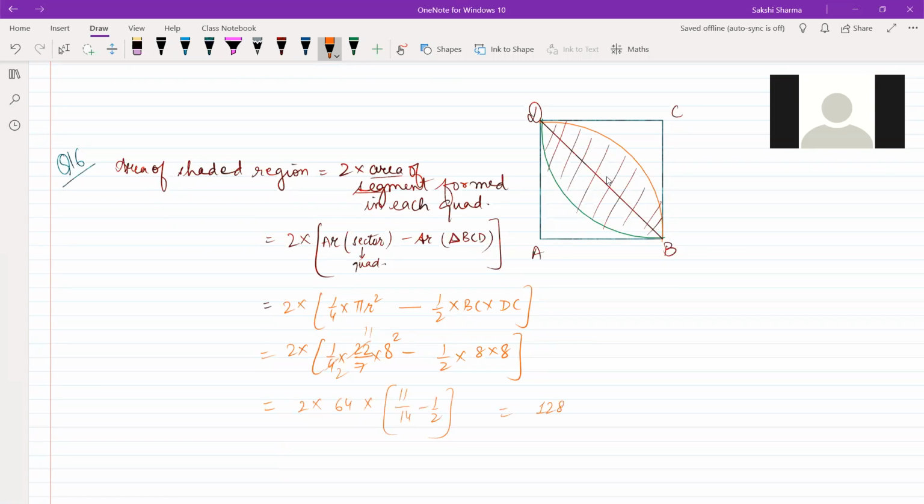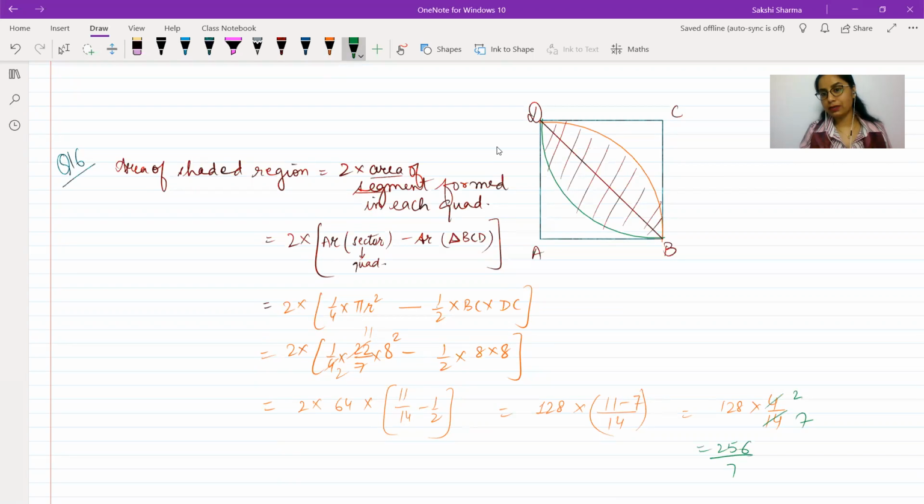One minute, ma'am. Sure. Okay, Shreyas has calculated. It's 256 by 7. Let's check if I've obtained the same answer. Yeah, this is 256 by 7 centimeter square.